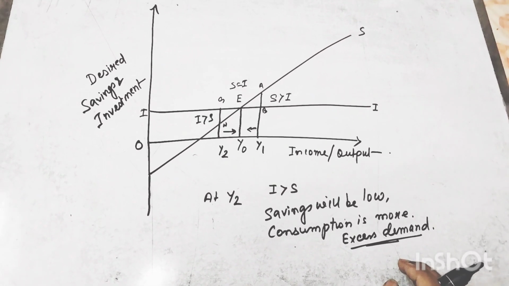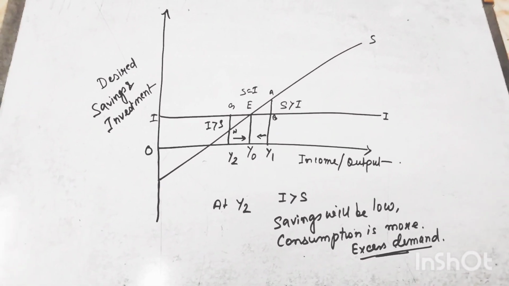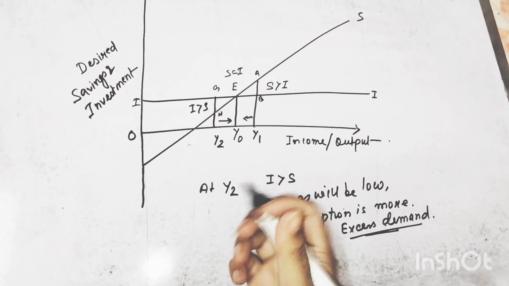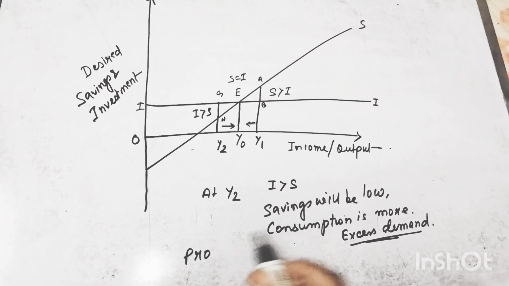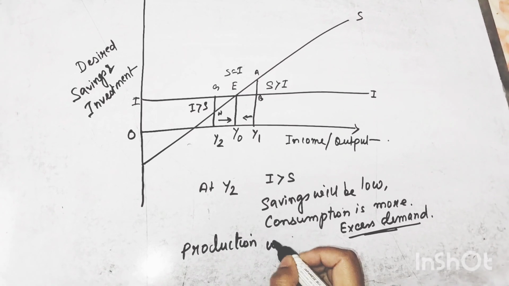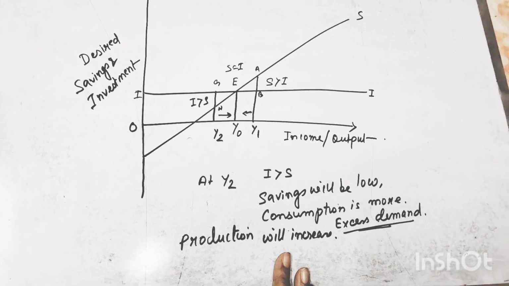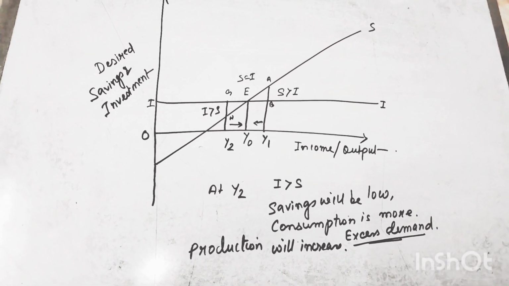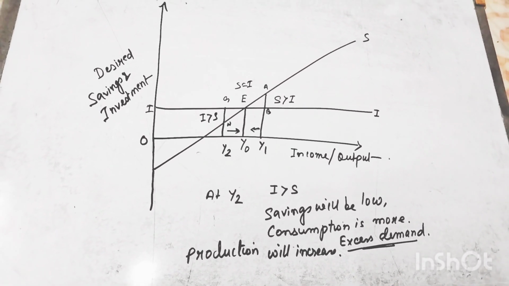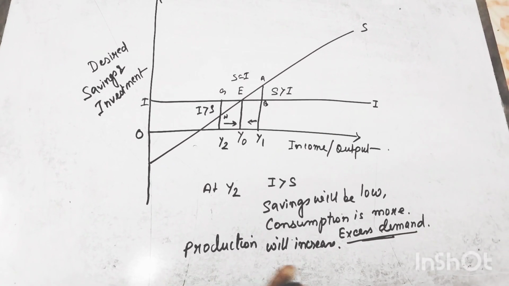So if the demand is in excess, what will happen? In this case your production will increase. You will try to increase the production in order to increase the supply, because the demand is in excess.